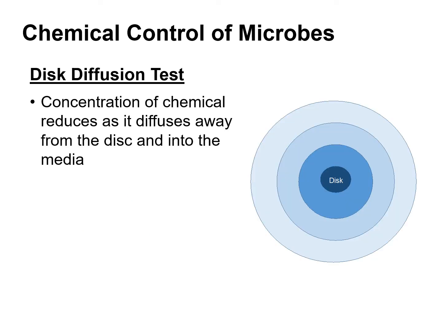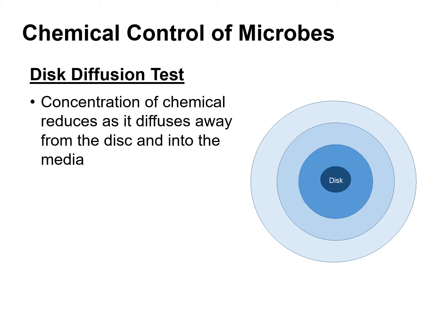And one more thing to note is when you place that disc, which is impregnated with an antibiotic, or impregnated with a certain chemical, for example, bleach, okay? As the chemical diffuses out onto the agar, the concentration of that chemical reduces as it diffuses out.